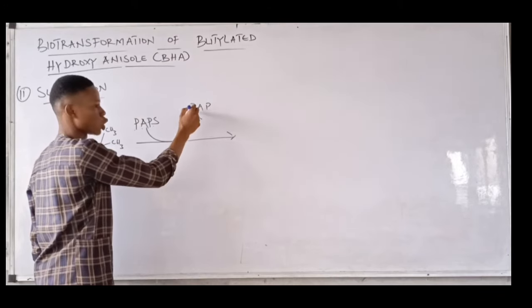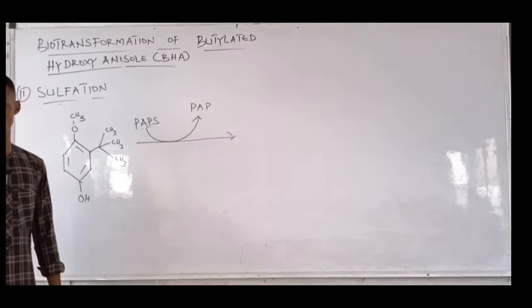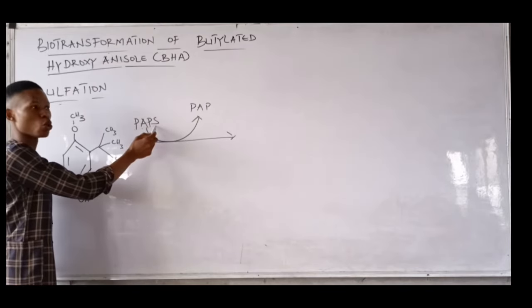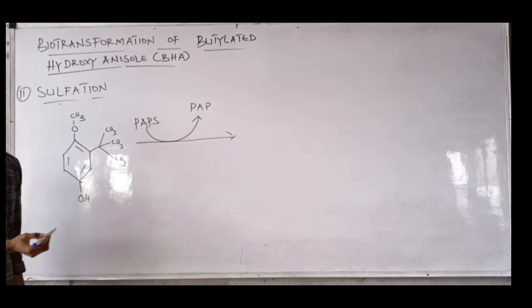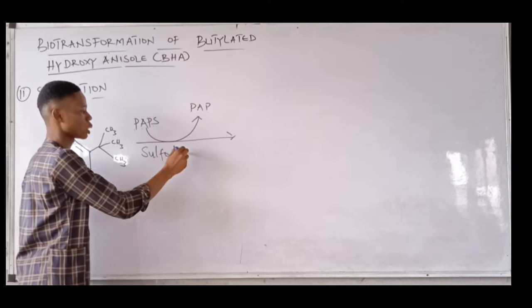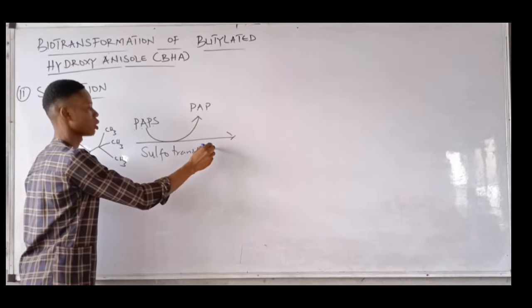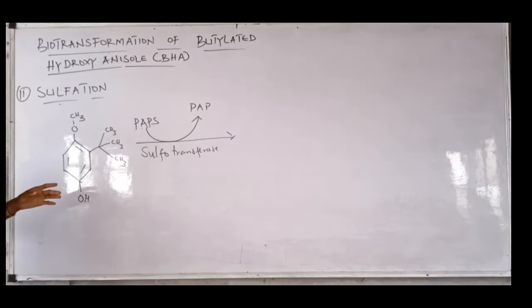Now, if PAPS is coming in, it will go as what? PAP, phosphoadenosine phosphate, right? But what we are interested in is what? The S, right? The sulfur. Now, what will be the name of the enzyme? Sulfotransferase. So if sulfotransferase transfers this, where is the entry? Yeah, right?